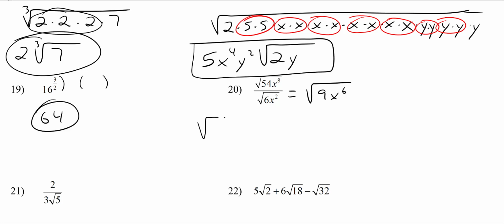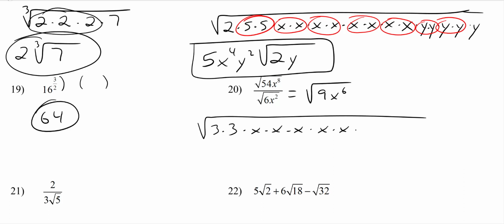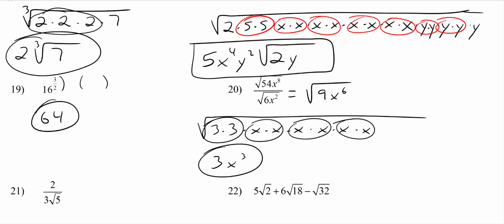And the square root of 9 is 3. But if I write it all out, I get 3, 3, and then x is 1, 2, 3, 4, 5, 6. You're pulling out pairs because it's square root. So 3, x, x, and x. Everything comes out. So 3's out and x cubed is left over. That's your answer.